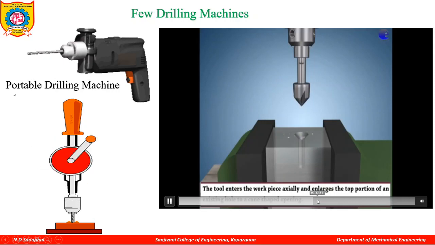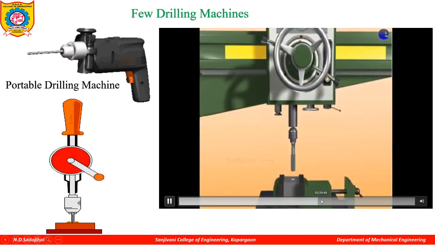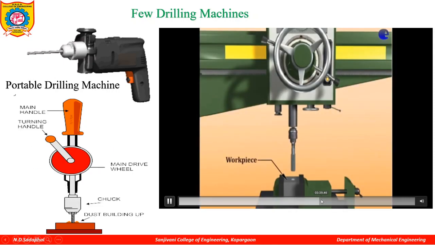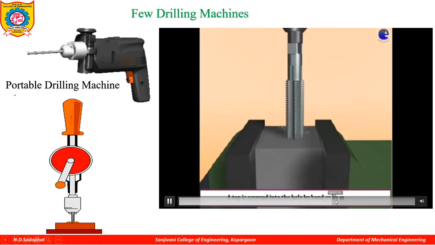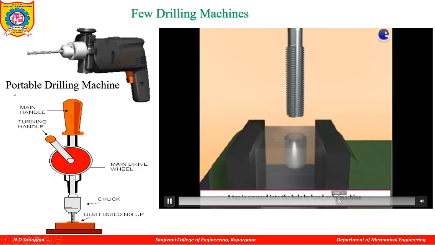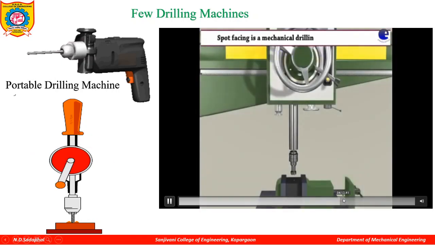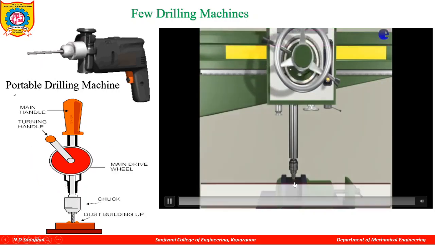A conical shape will be given to the end of the hole. Then the tapping operation, internal threads will be produced in the hole. Spot facing, you can see for a very limited length the diameter is increased.